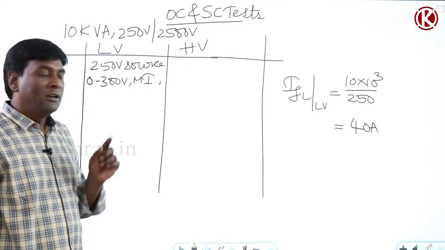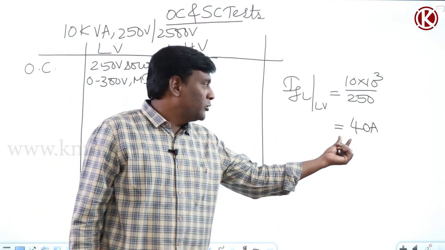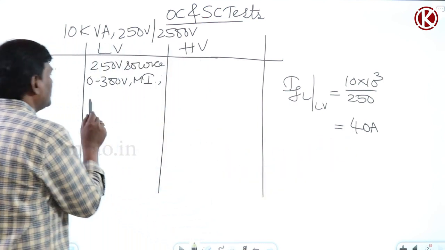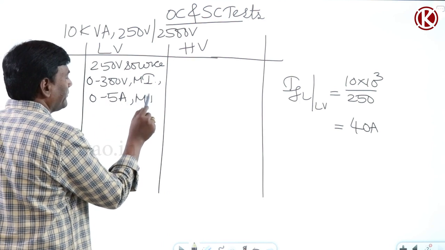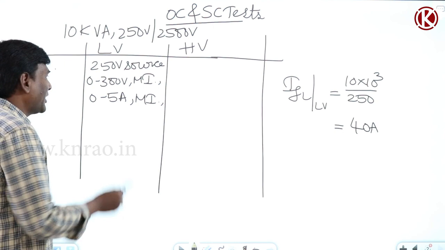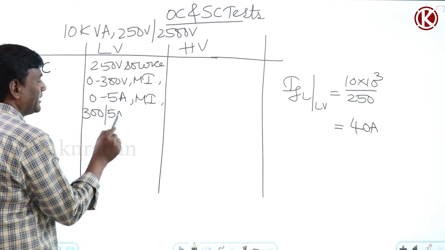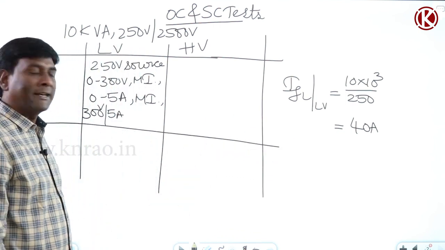Only the no load current. How much will the no load current be? 2 to 6% of full load current. 6% of full load current is going to be 2.4 ampere maximum. So I can think of a 0 to 5 ampere MI, and my wattmeter rating is going to be 200 volts divided by 5 amperes. This is going to be the wattmeter rating.